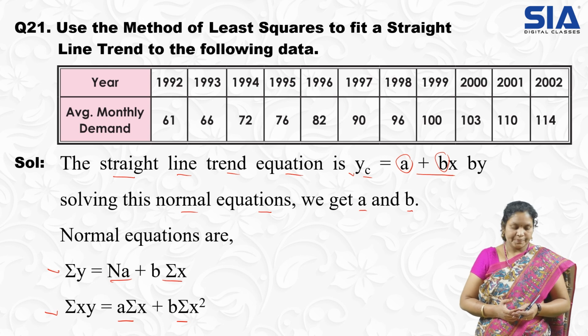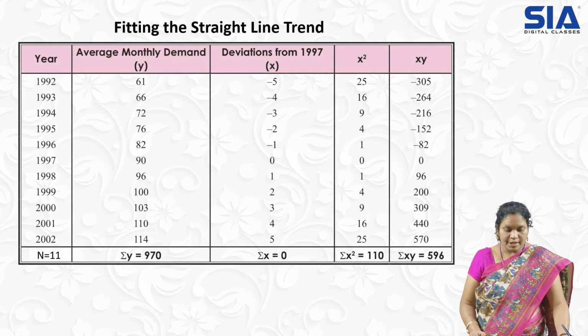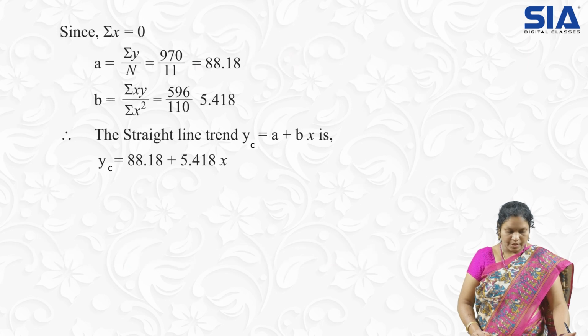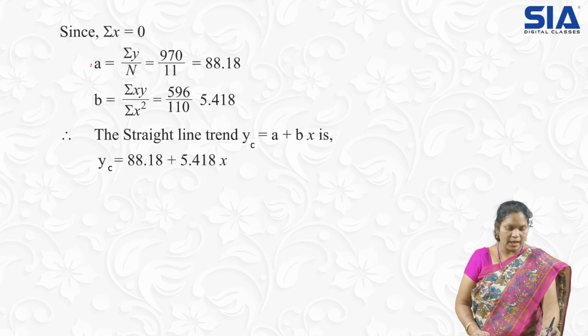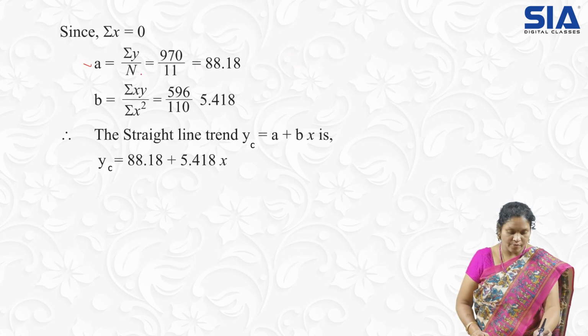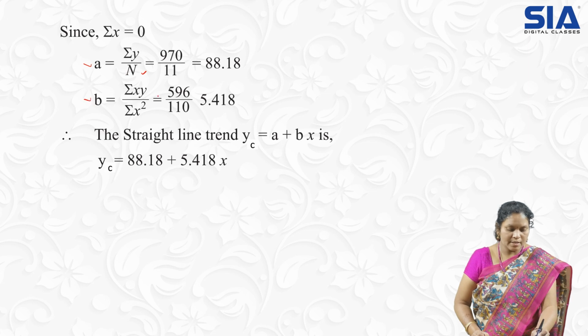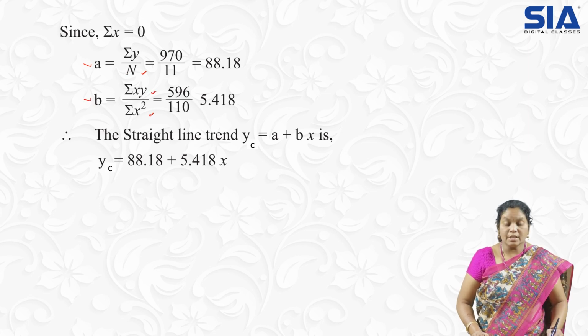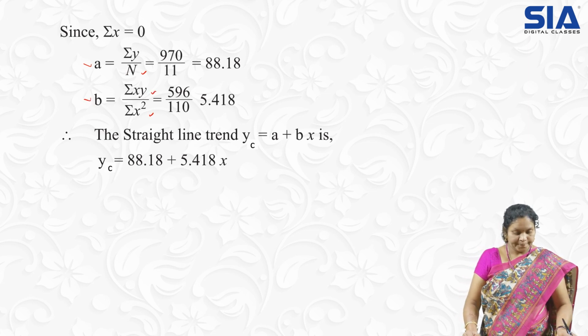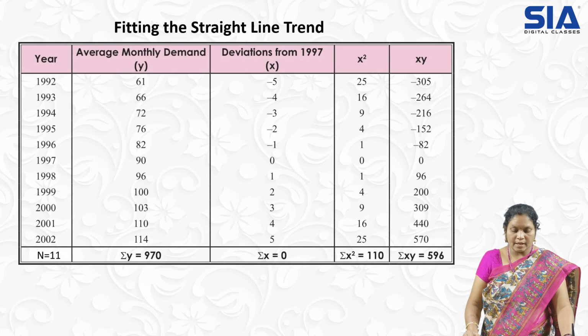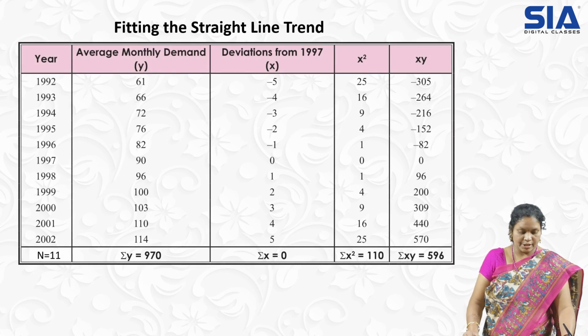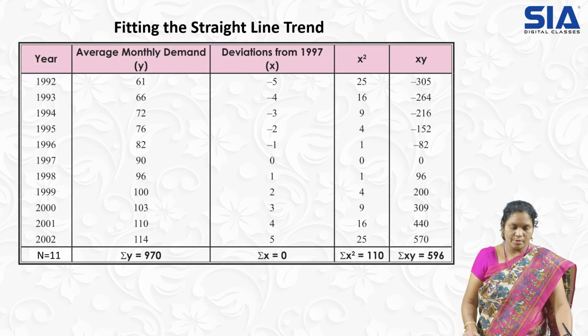Now let us check how to obtain the a and b values. To obtain a, summation y by n is the formula. Then to obtain b, summation xy by summation x square is the formula.